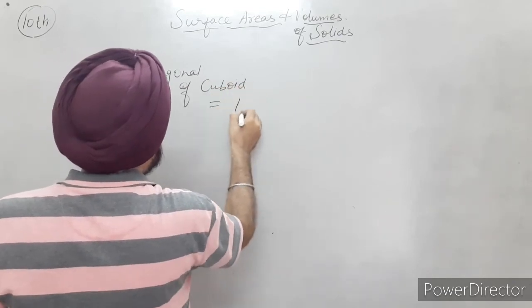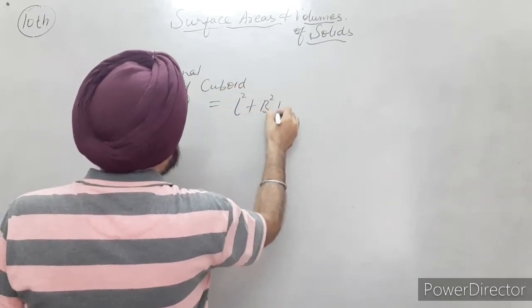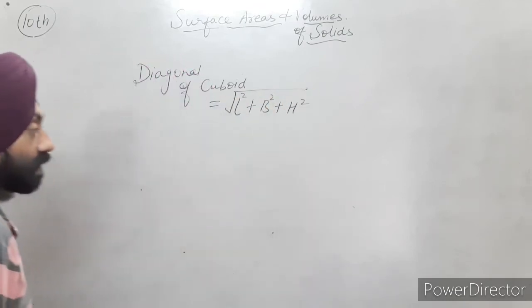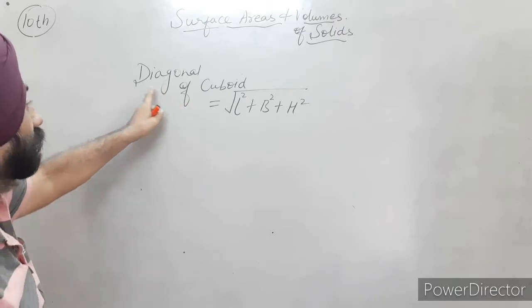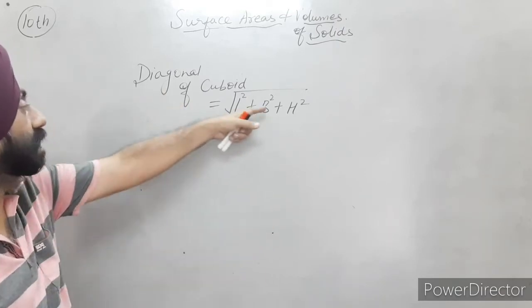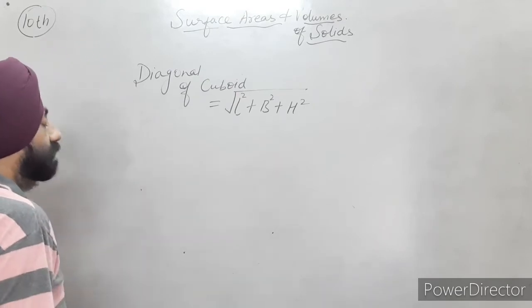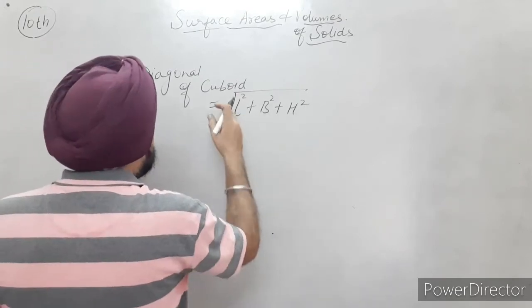Remember this also. It is the square root of length square plus breadth square plus height square. That is, the length of the diagonal of the cuboid is found using this formula.